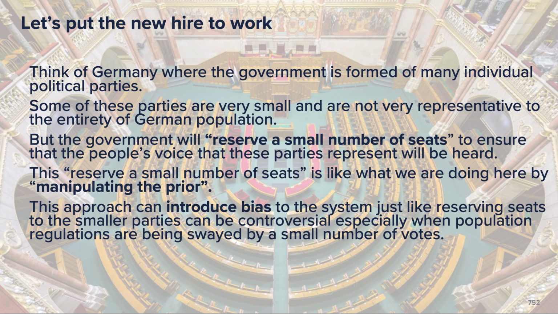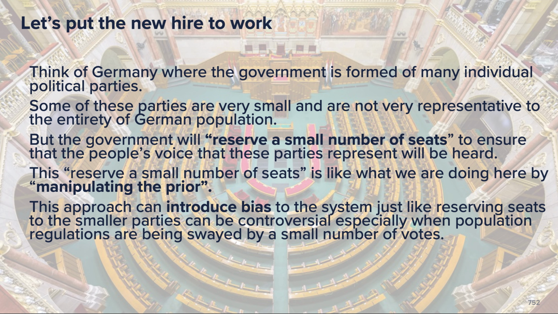To understand the analogy of manipulating prior, just think of Germany, where the government is formed of many individual political parties. Some of these parties are very small and not very representative of the entirety of the German population. But the government will reserve a small number of seats to ensure that the voice of those parties will be heard.